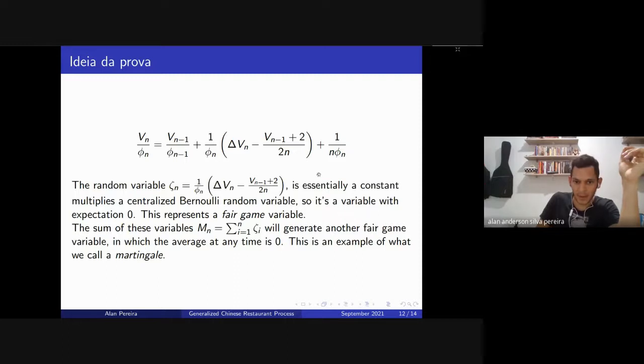When we sum this part in the middle, we get a martingale, or a difference of martingales, that is a martingale also. And when we sum this other part, it will converge because it has order bigger than n in the part below.